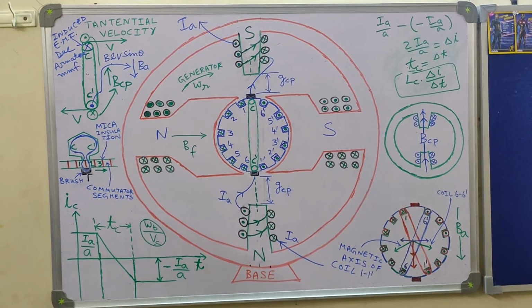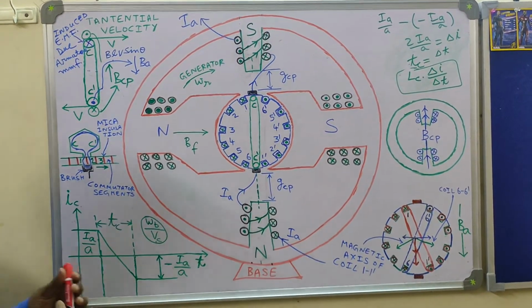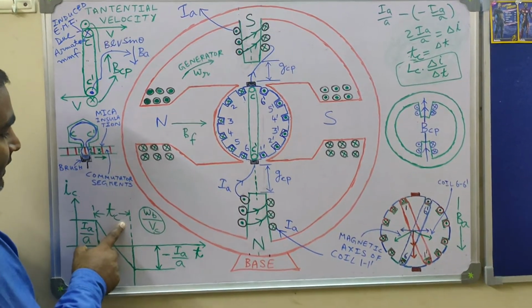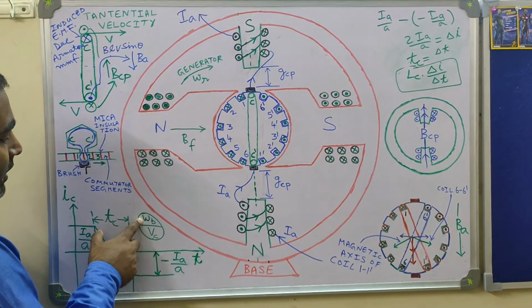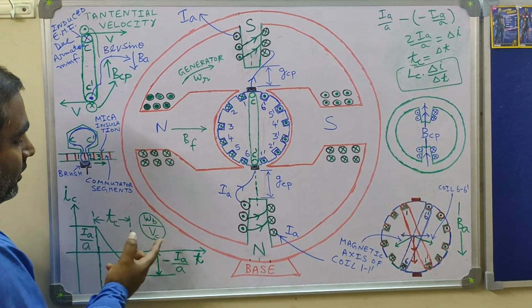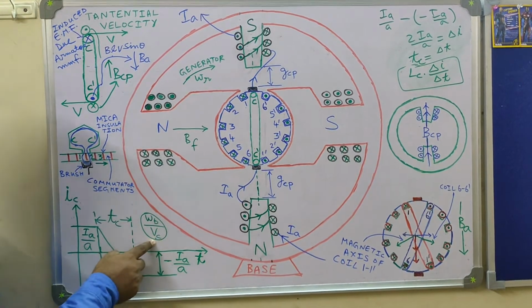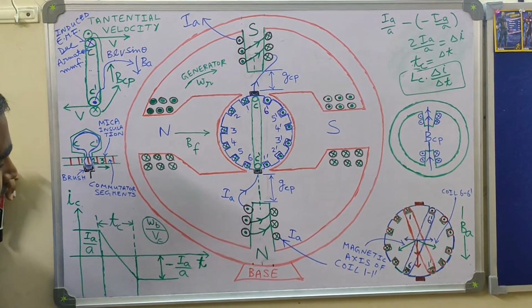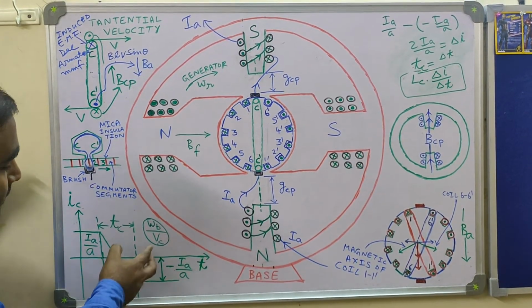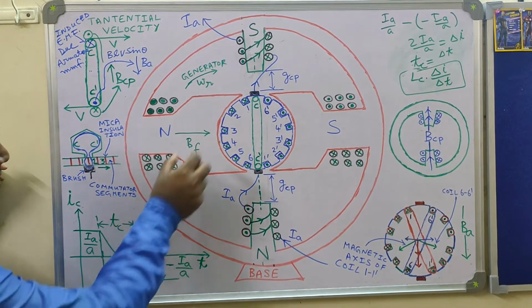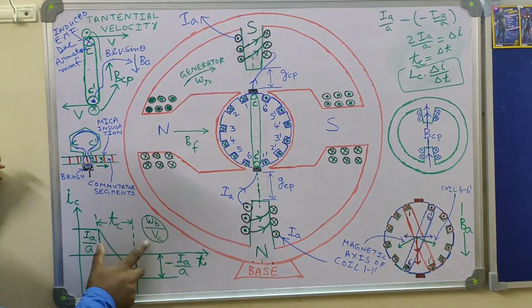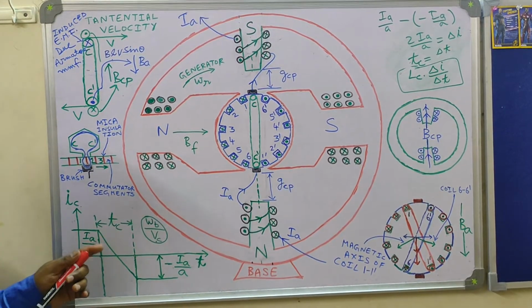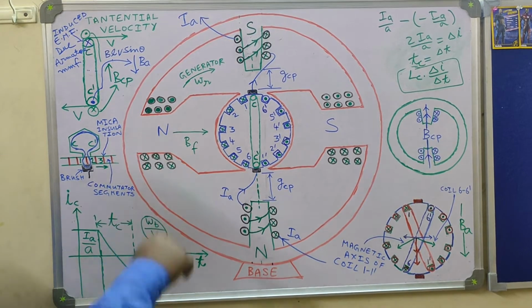However, the time available for the coil current to get reversed is given by TC. What is TC? TC is nothing but the width of the brush WB divided by the peripheral velocity of the commutator. The peripheral velocity of the commutator is a mechanical quantity, so it remains unaffected. So the commutation time TC is not going to get affected by the reactance voltage.